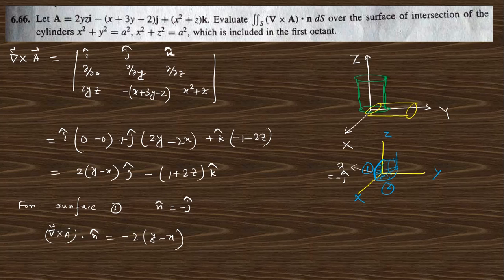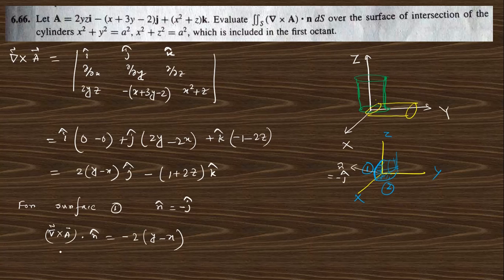We got this value. Now we want to find the integration of curl of A dot n cap into ds, and this value is nothing but minus (2y minus x).